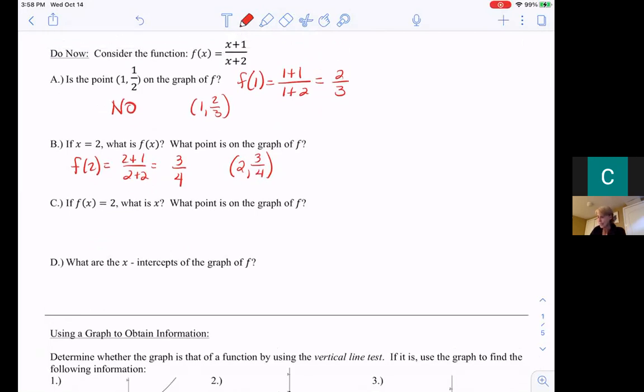In this case, we're looking to see what x value gives us an answer of 2. So to solve this, we're going to have to cross multiply.